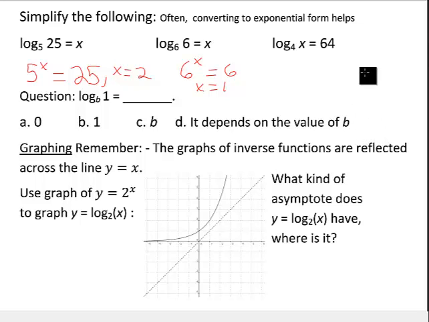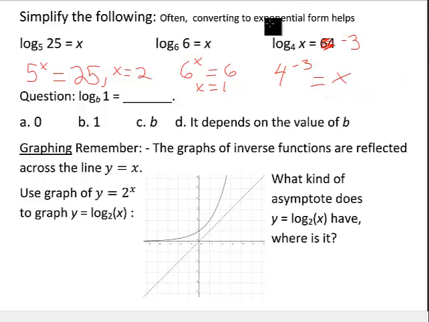Okay? So let's adjust this a little bit. Let's say that the log base 4 of x is -3. So now we have to think about 4 to this gives us that. So what that means is 4 to the -3 power is x.